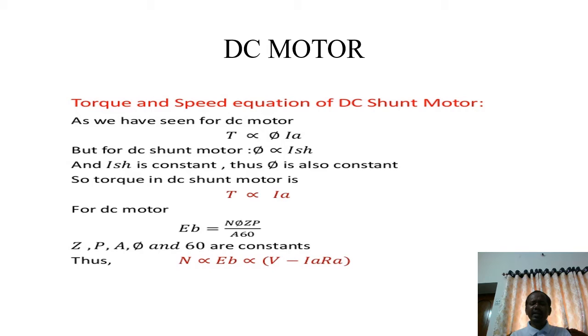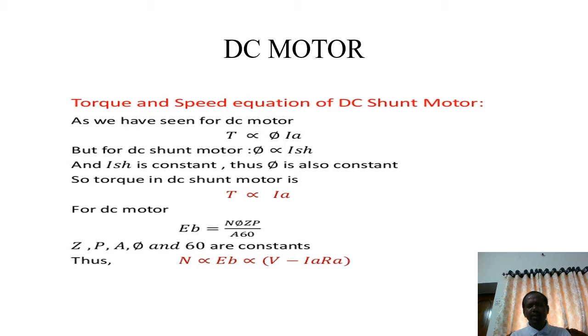Here phi is directly proportional to ISH, and ISH is constant. Thus phi is also constant. So torque in a DC shunt motor is directly proportional to Ia, because the shunt field current is constant and the flux is constant.